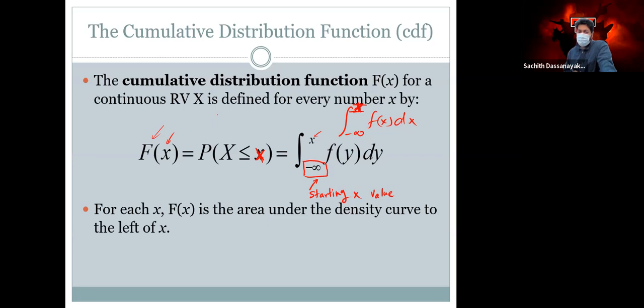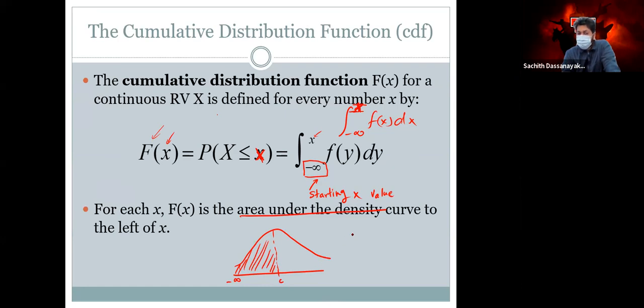The integral of f(x) is the area under the density curve. Okay, area under the density curve. I'll draw it. If I need to measure the area from negative infinity to, let's say, simple c, I need to get the area under this curve from its beginning to this point.